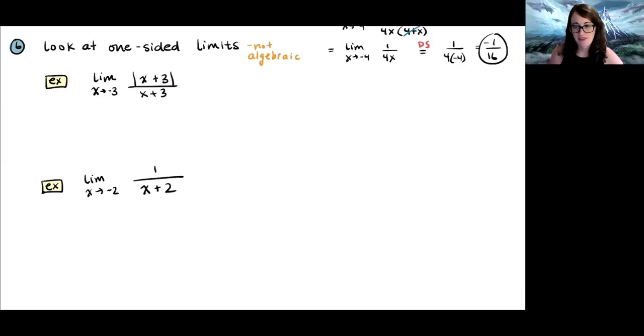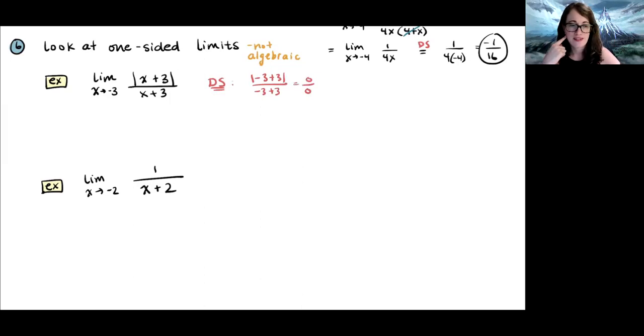One of those times, as you can see in this first example, is when you are looking at an absolute value function. So when you directly substitute in, you're going to get 0 over 0. But there's no algebra to do here to remove the hole.